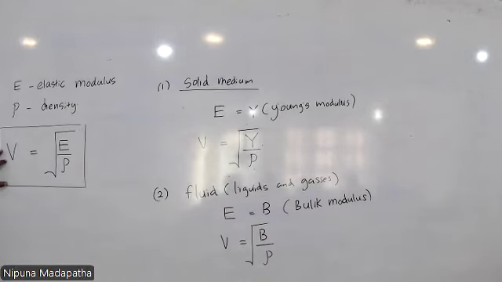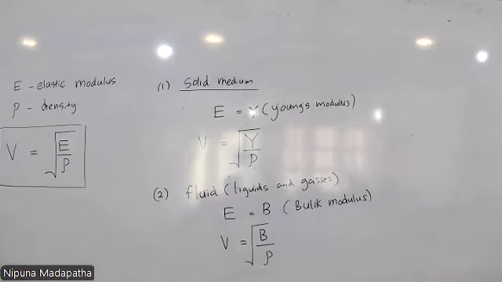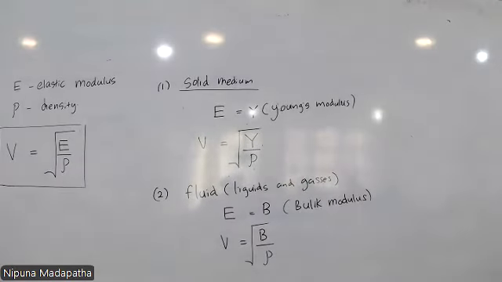Right, so v equals square root of E over rho. E is elastic modulus, rho is density.